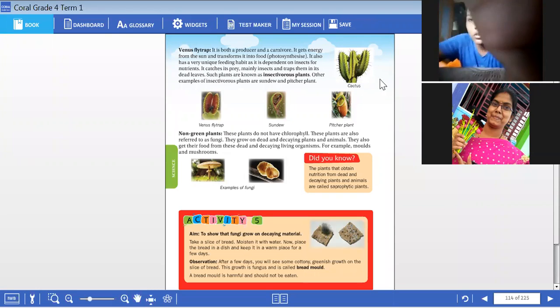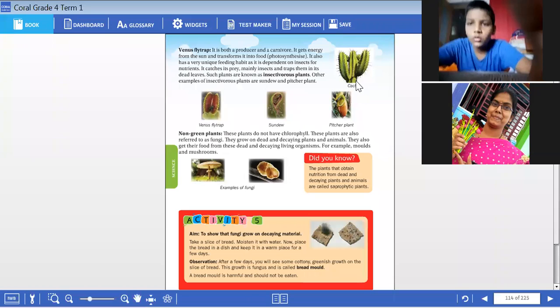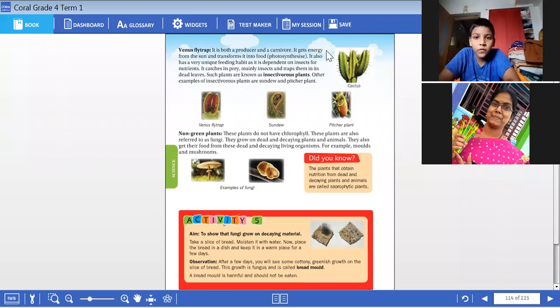To protect from the sunny air. They need water, but rainfall is so less, so they preserve the water. That's why they don't possess any leaves, and the stem itself prepares the food with the help of sunlight.